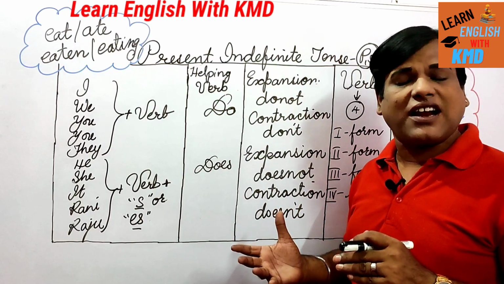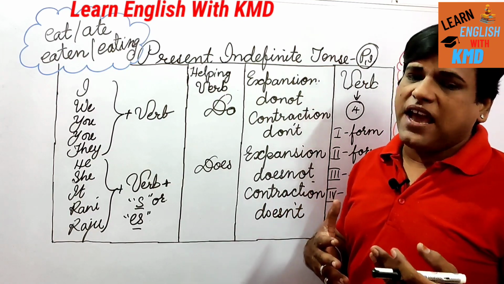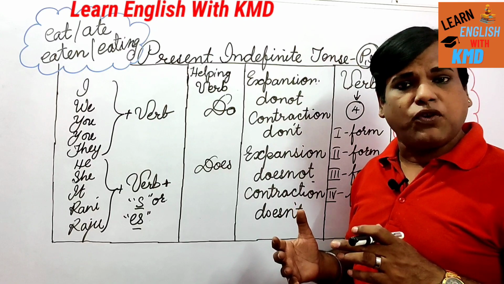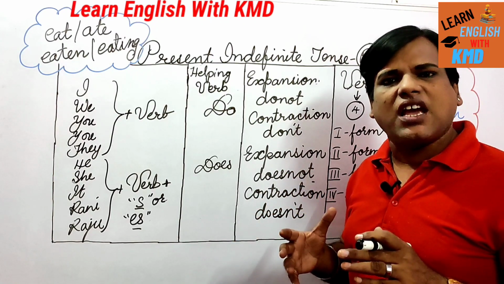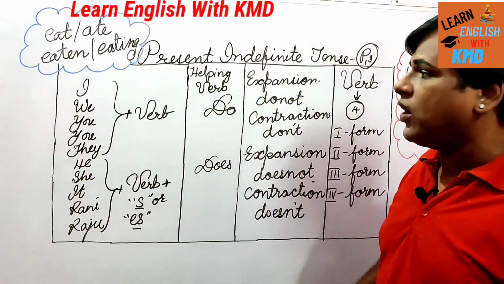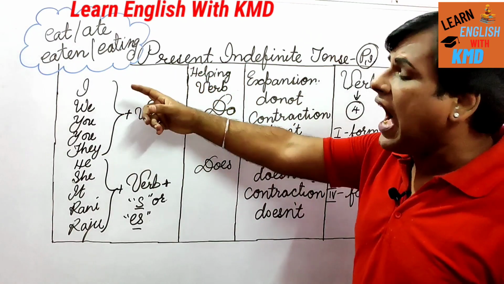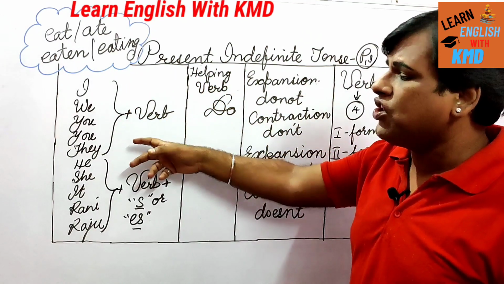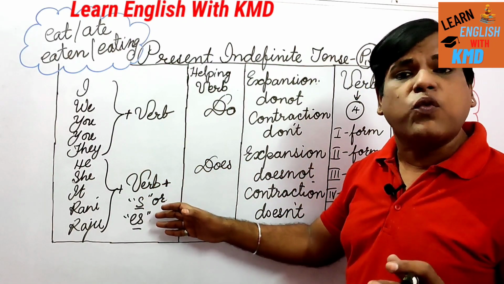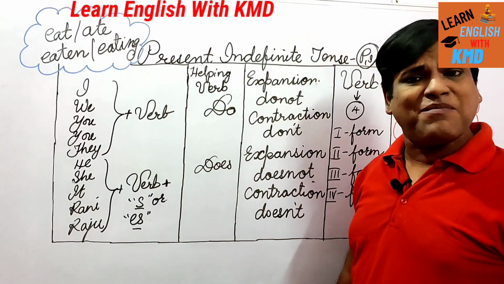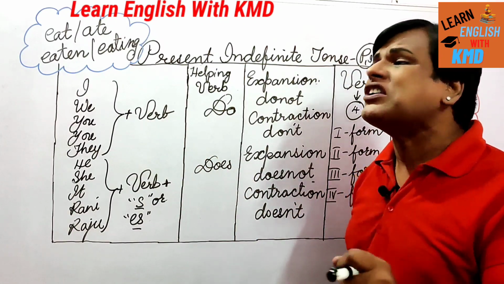Second person is further classified into two: second person singular and second person plural, and third person is further classified into two: third person singular and third person plural. Well, they are the persons: I, we, you, they, he, she, it, Ronnie, Raju. All of them come under the category of persons.